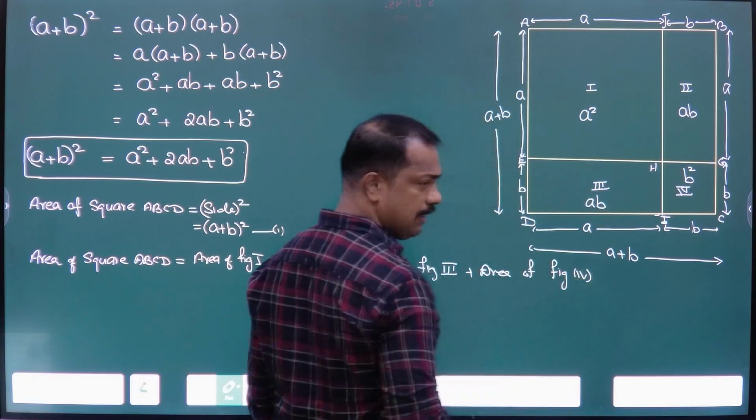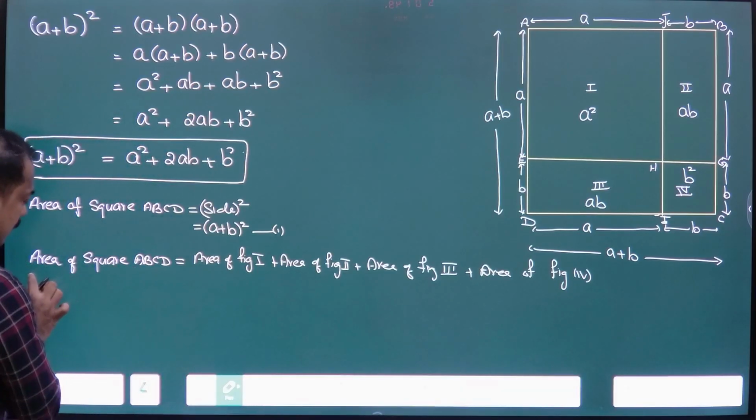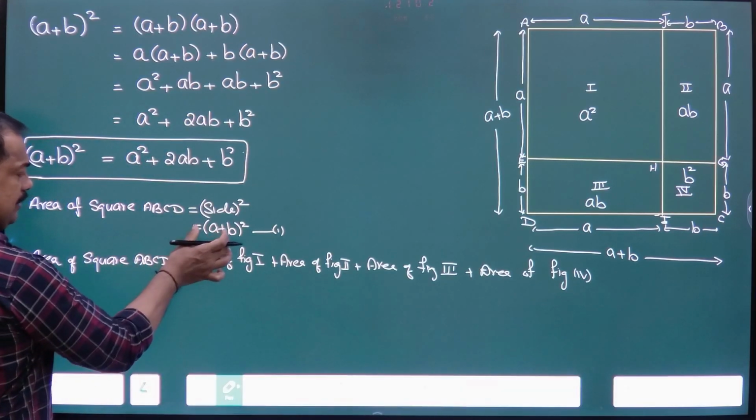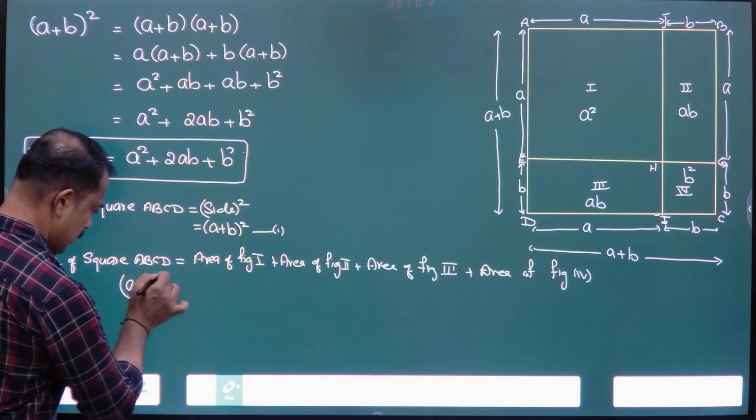Area of square ABCD is A plus B whole square, from equation 1.